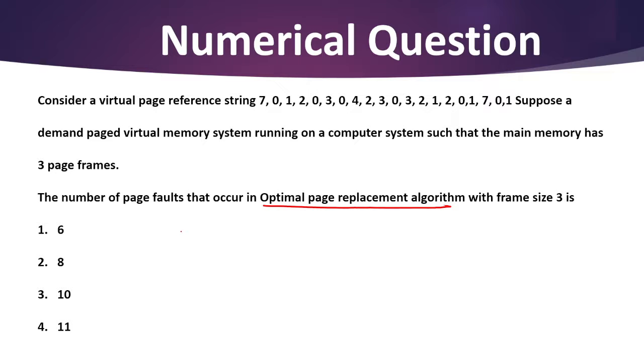So this algorithm says that we replace the page frame that will not be used the longest period of time in the near future. Not used in the longest period of time in the nearest future.